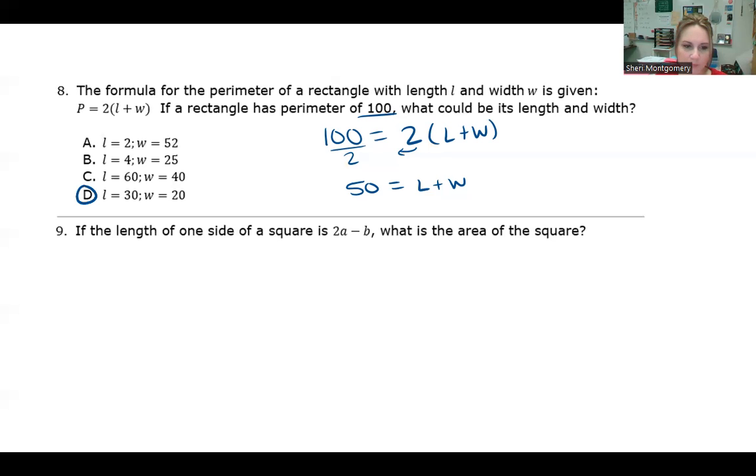Question number 9. If the length of one side of a square is 2a minus b, what's the area? Okay, I'm going to draw a picture. We got a square. One side is 2a minus b. And the other side, if it's a square, it's the same. So 2a minus b. What operation do we do for area?